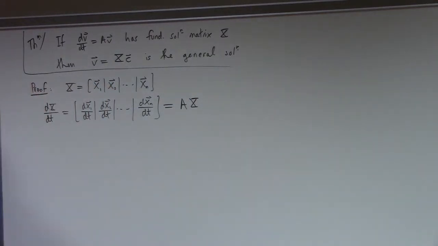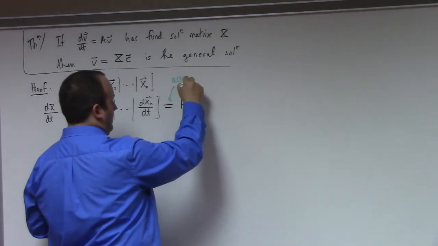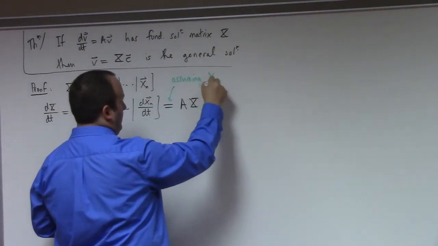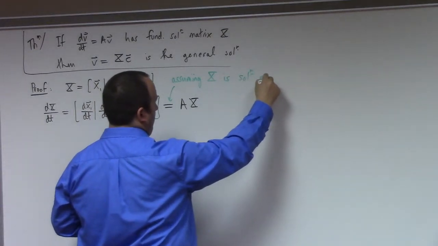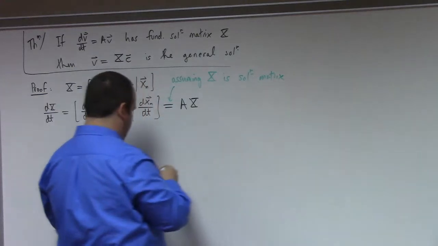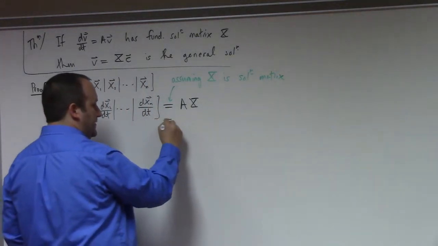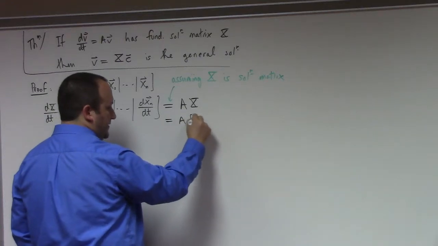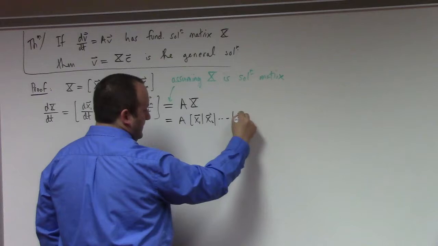Which, by the way, solution matrix. But this, right, guys, is A times x1, x2, xn.